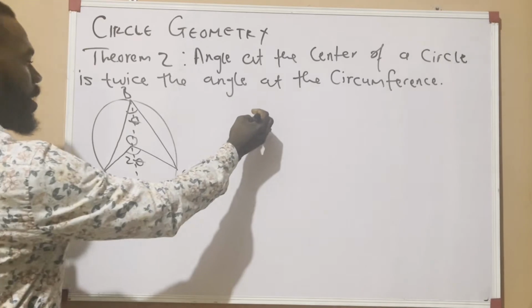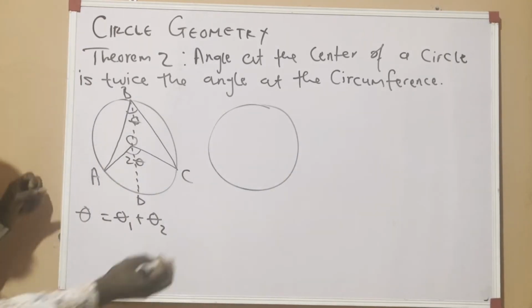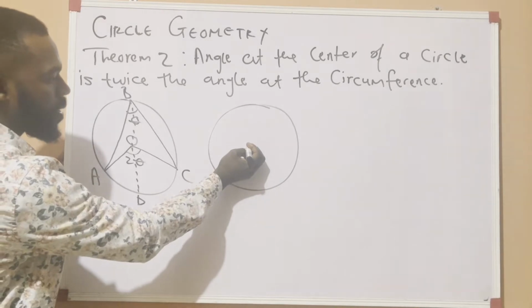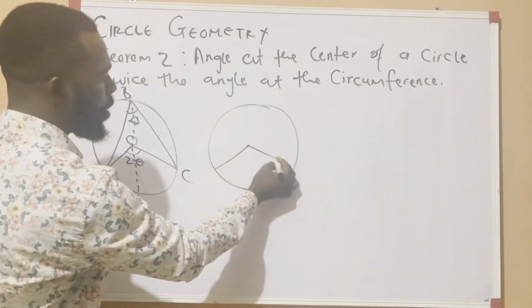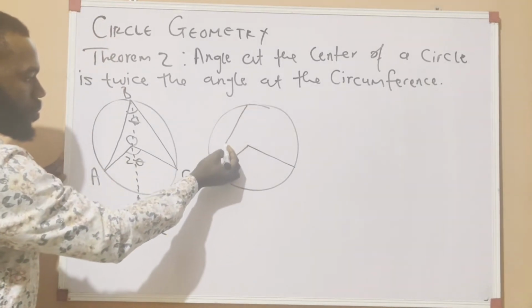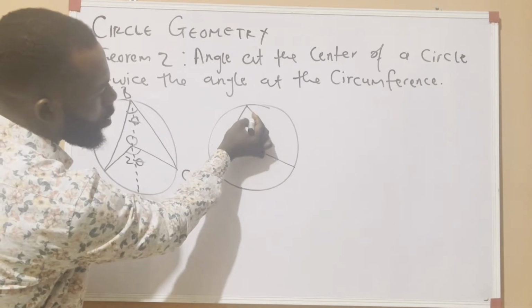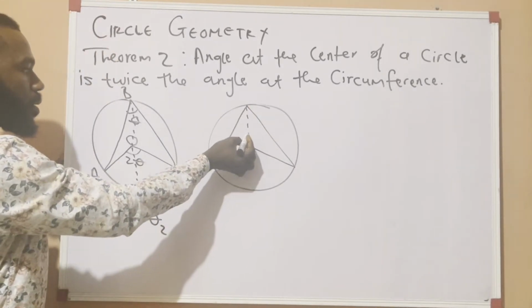Okay, let us take another diagram. This is the center, and this is a radius, and this is now a radius, and like we said, this is a chord, and this is also a chord, and then we introduced the third line.